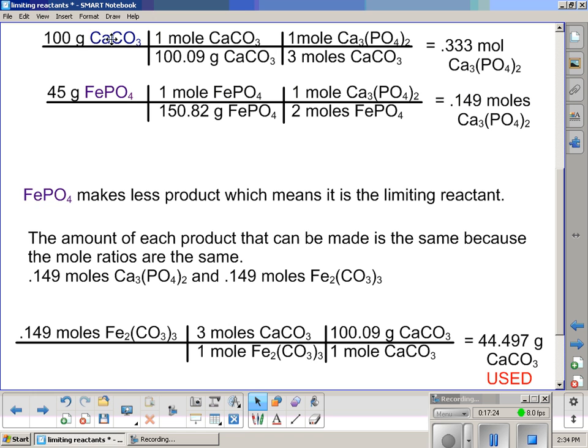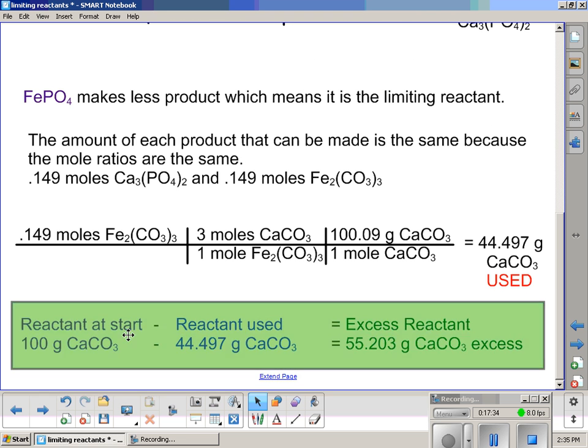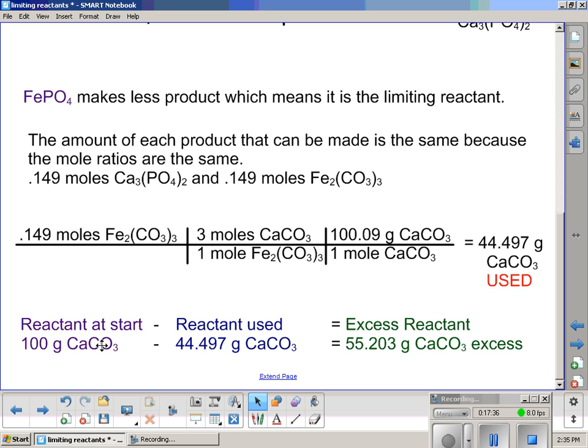The calcium carbonate was our excess because it could have made more. So this tells us how much was used, and we're going to subtract that from what we started with, 100 grams, subtracting 44.497, and we get an excess of 55.203 grams of calcium carbonate.